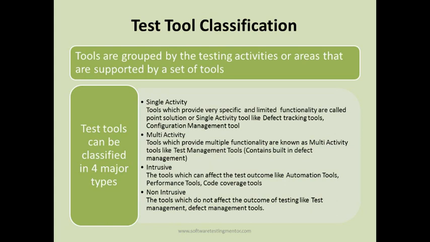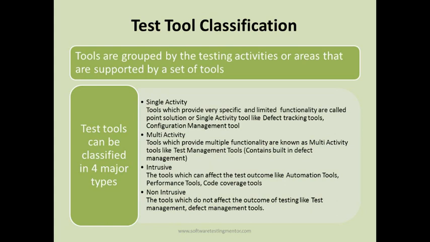Similarly, automation and performance testing tools are intrusive in nature. They interfere with the code in order to provide you the results. So automation tools, performance tools, or code coverage tools are intrusive in nature.